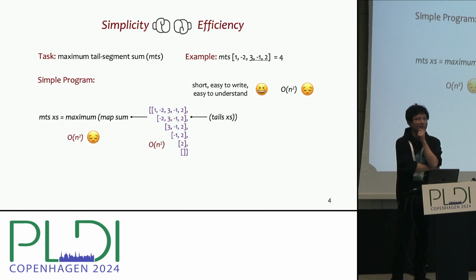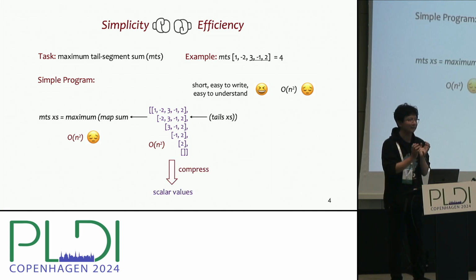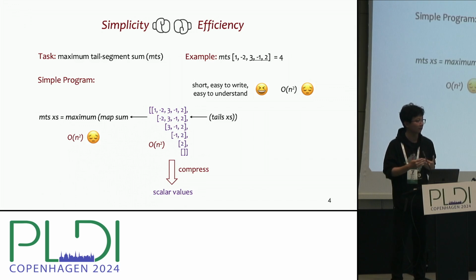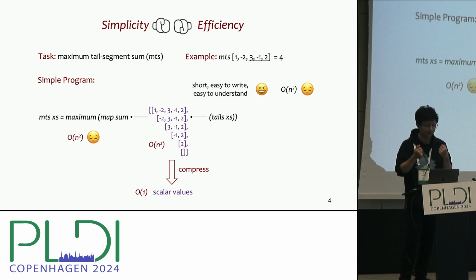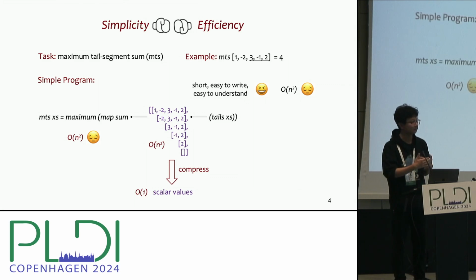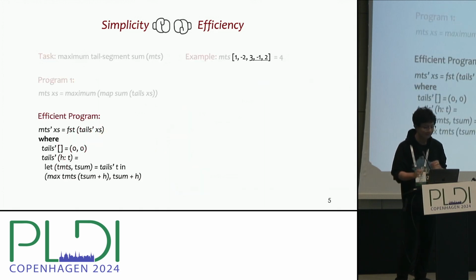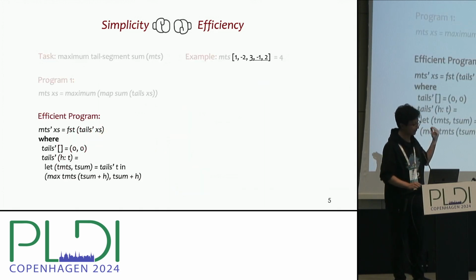So given this analysis, it means that if we want a more efficient program, we should at least compress this intermediate data structure into some smaller version, for example, a constant number of scalar values. And in this way, we can avoid the bottleneck of the simple program, right? Because we can greatly reduce the cost of scanning over this intermediate output.